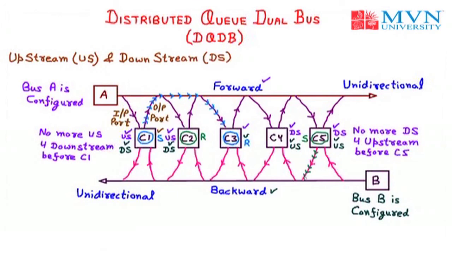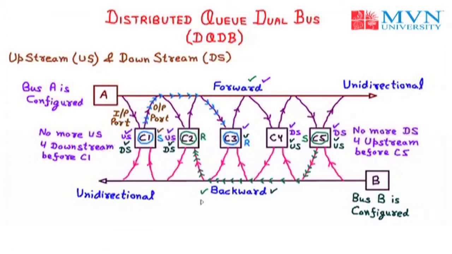The data will be transferred to bus B and bus B will forward the data. So now that data is forwarded to the particular attachment bus to C2, and C2 will receive the data via bus B. So you can see that bus A is basically used in the forward direction and bus B is used for the backward direction. So that is all about it.